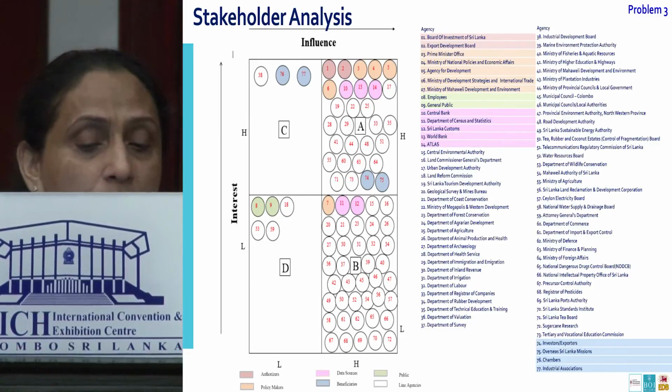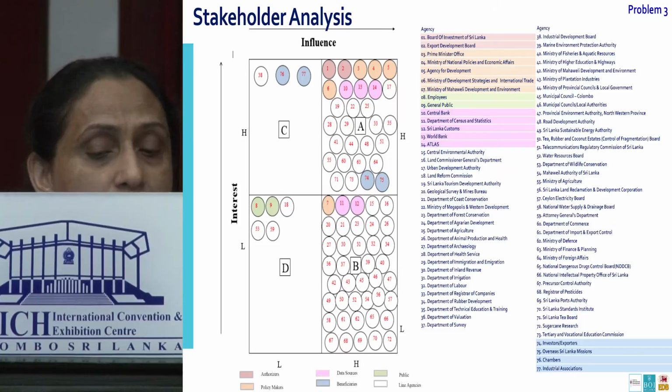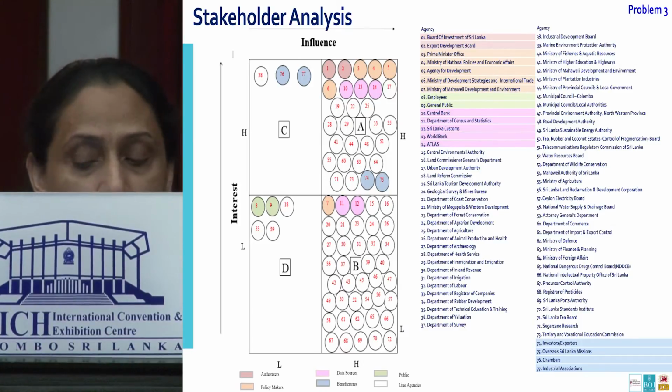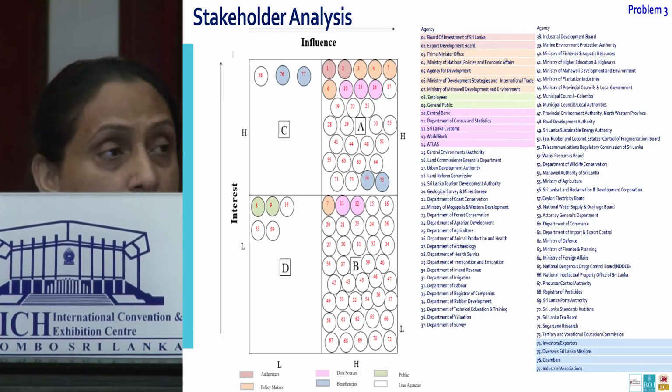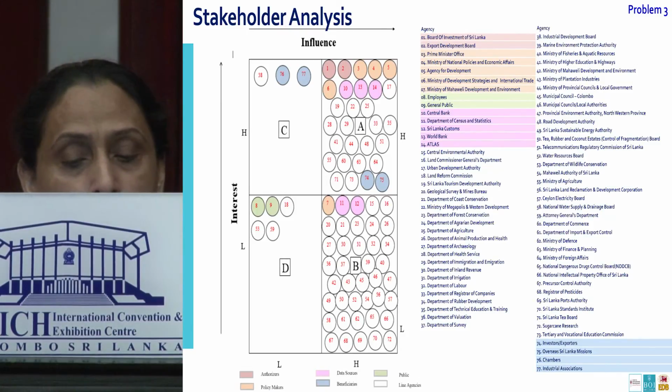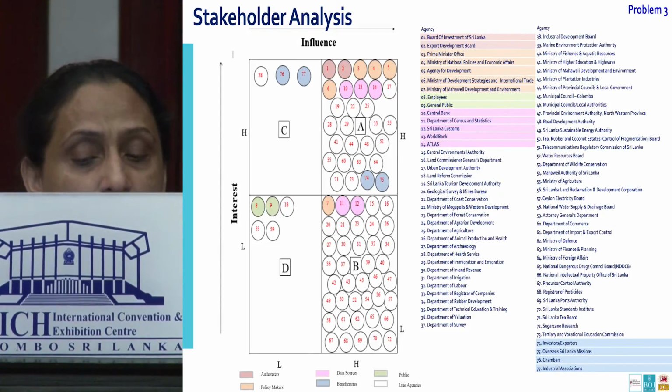And our problem 3 was very interesting. When we listed all our stakeholders, we had about 77, and we categorized them under authorizers, policymakers, data sources, beneficiaries, public, and line agencies. You could see from here, quadrant A is the best. Actually, these do not reflect the size; we have not prioritized.